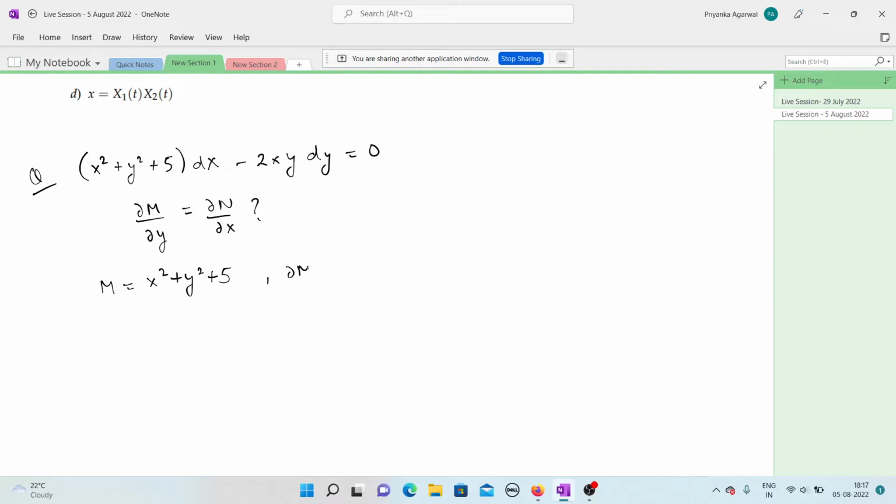So what will dou M over dou y be? 2y, right? And N is minus 2xy, so dou N over dou x will be minus 2y.